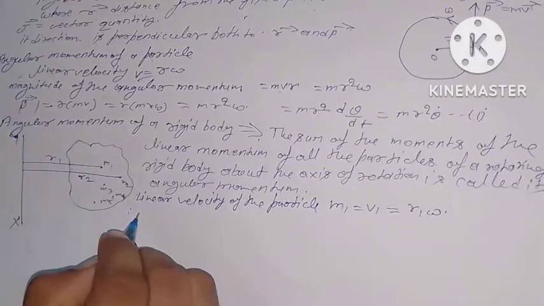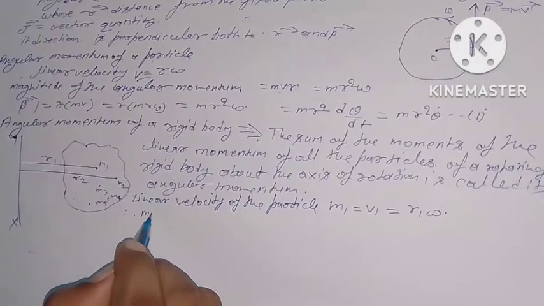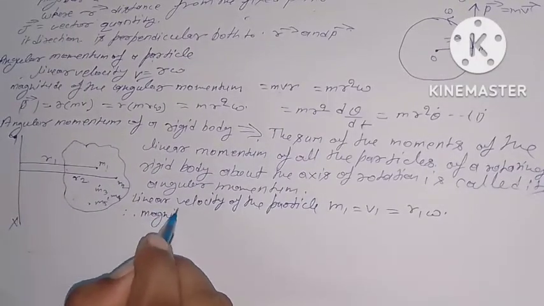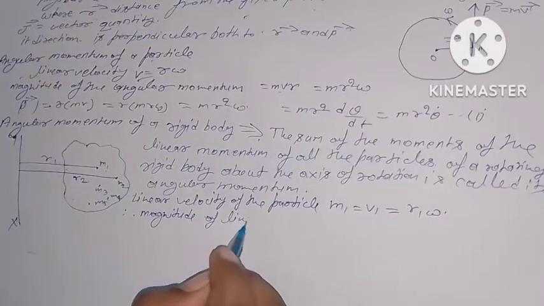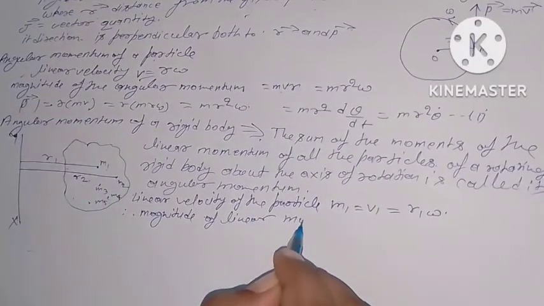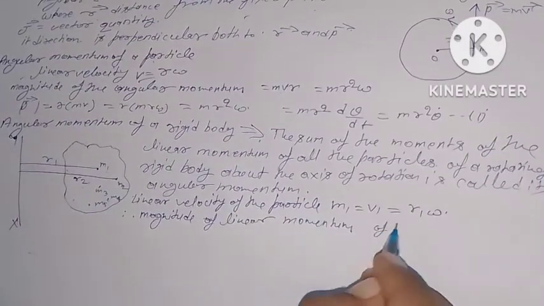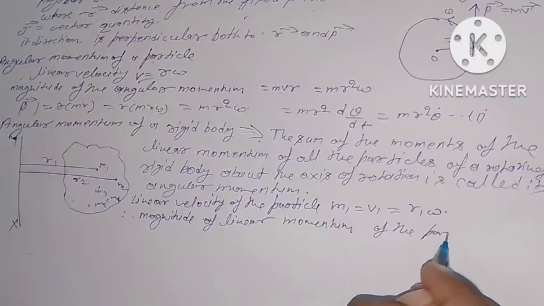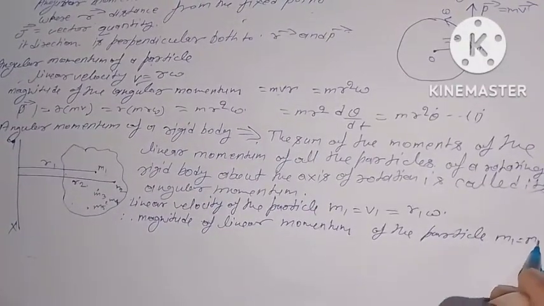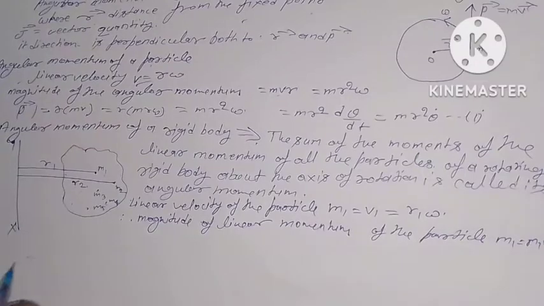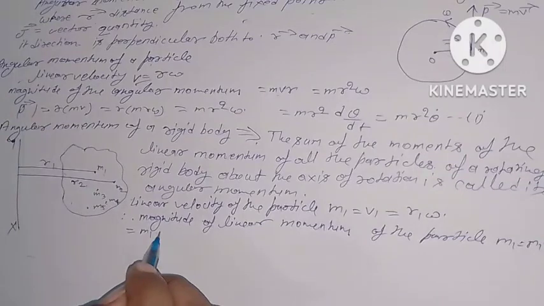So, the magnitude of linear momentum of the particle M1 equals m1 v1, equal to m1 r1 omega.